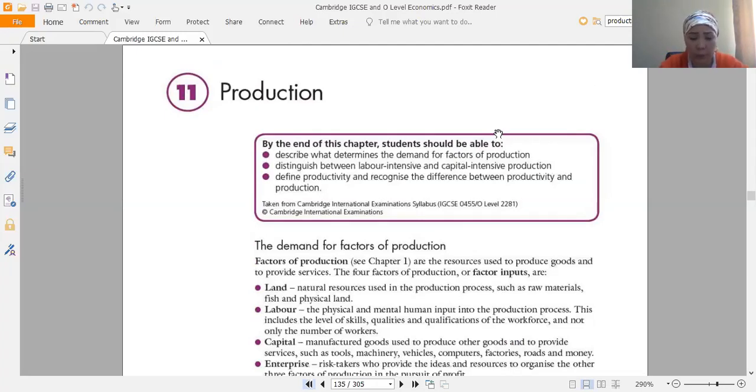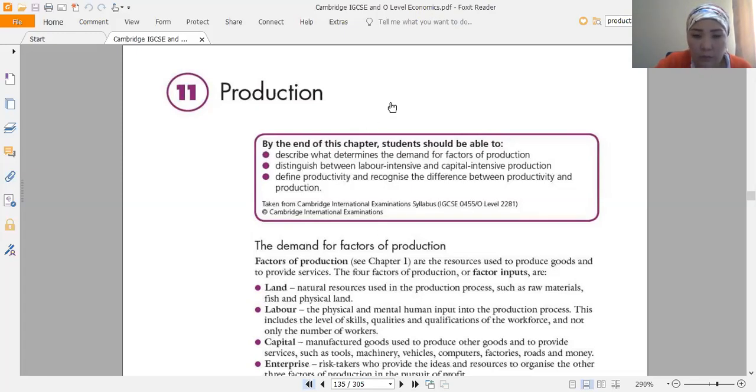We will describe the determinants of the demand for factors of production. What is the main determinant that leads to the demand for the factors of production? We will talk about derived demand, and we will tell the difference between labor intensive and capital intensive production.